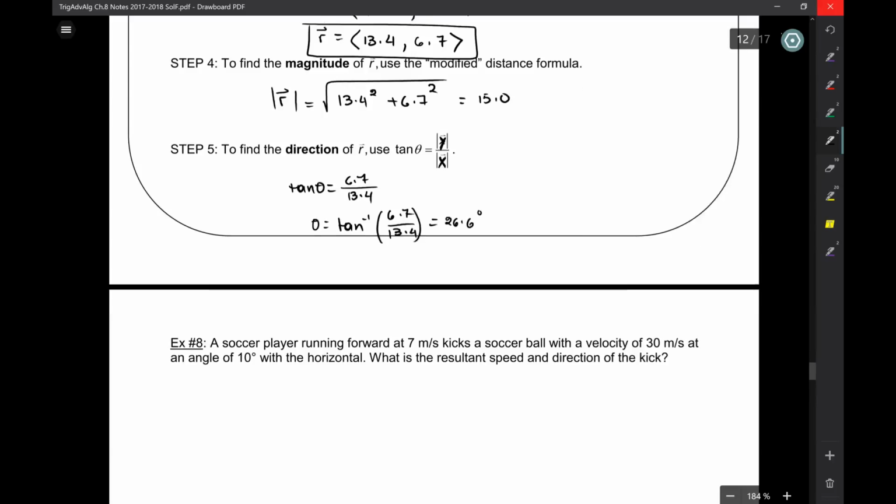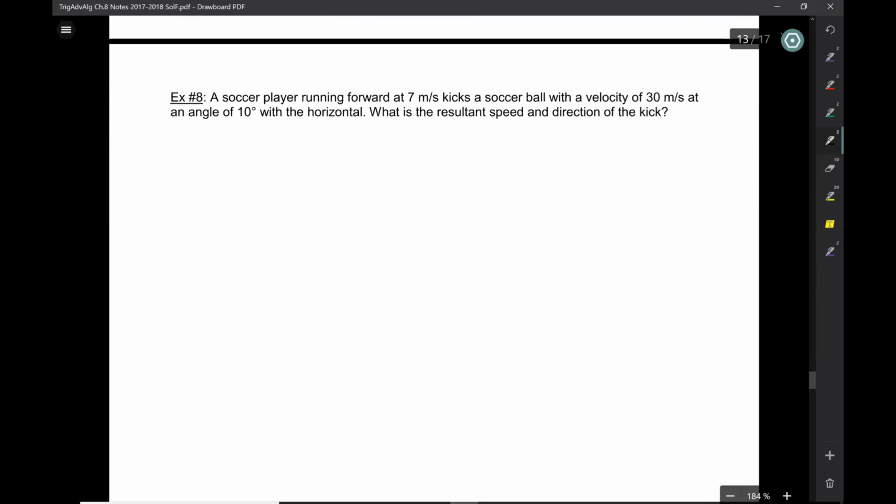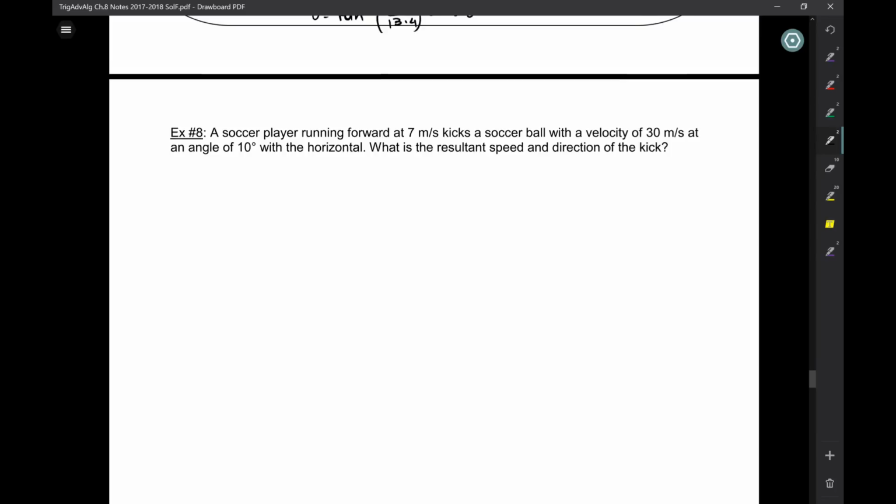Okay, all right, so let's do one where I haven't broken it up into 5 steps, but we're going to do the 5 steps. Here we go. A soccer player running forward at 7 meters per second kicks a soccer ball with a velocity of 30 meters per second at an angle of 10 degrees with the horizontal.